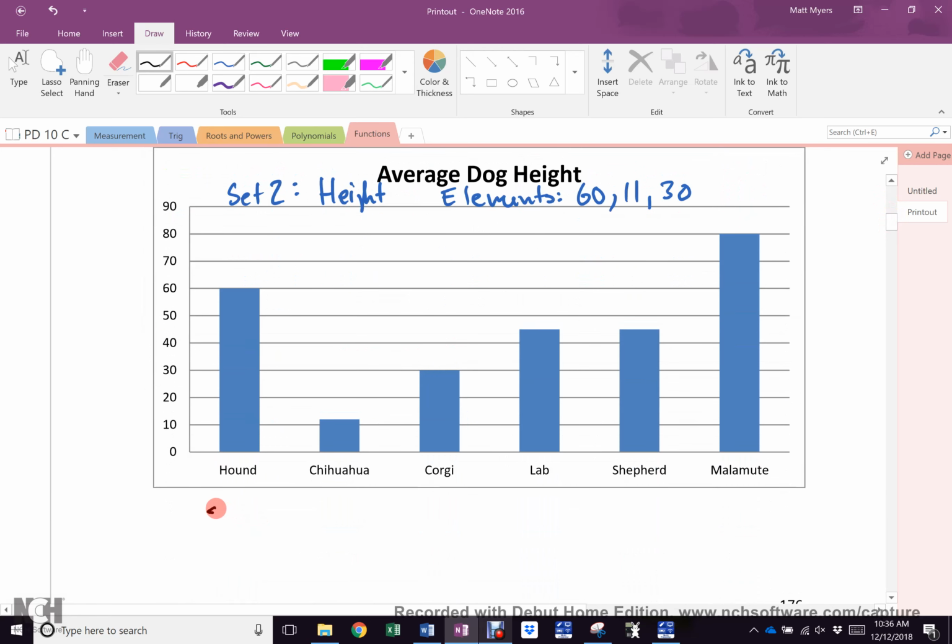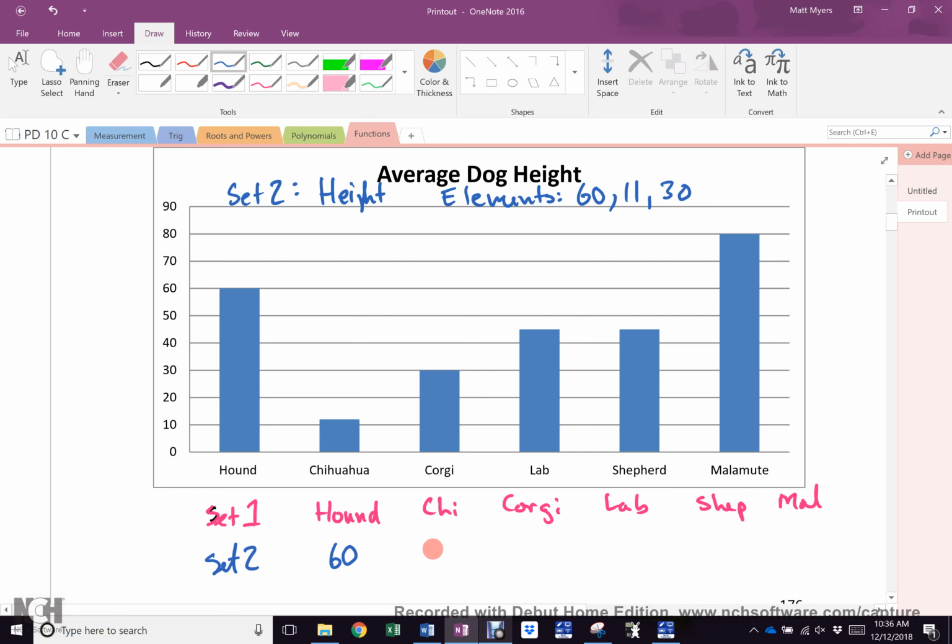Set 1, I did that in pink. Set 1 was hound, chihuahua, corgi, lab, shepherd, and malamute. Agreed? Okay. Set 2, what was the hound's height? 60.